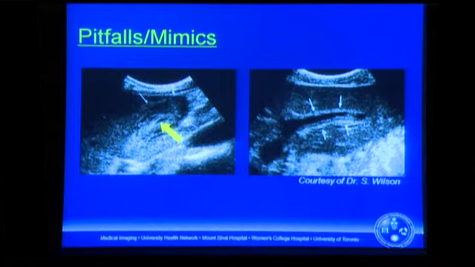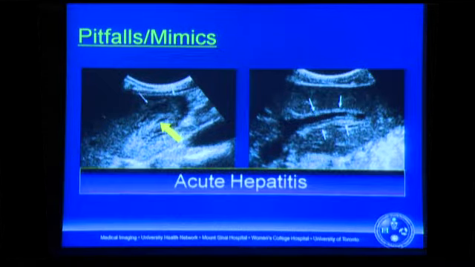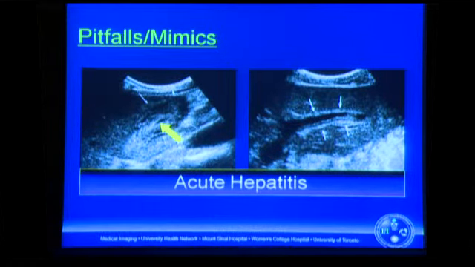And when we look at the liver, we can see that there's some thickening of the periportal triads, and this patient, of course, has acute hepatitis with very dramatic thickening of the gallbladder wall. This patient should not go to the operating room.